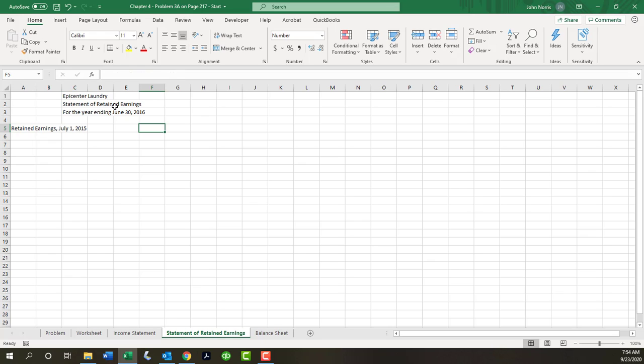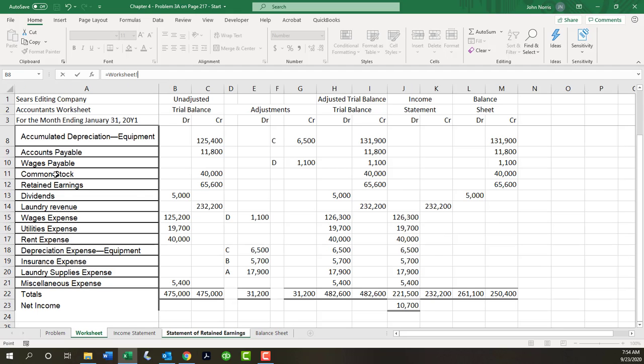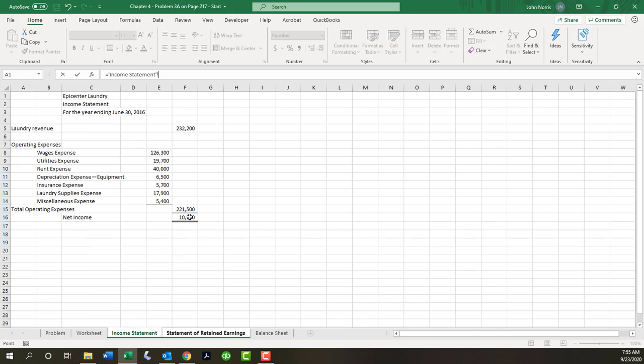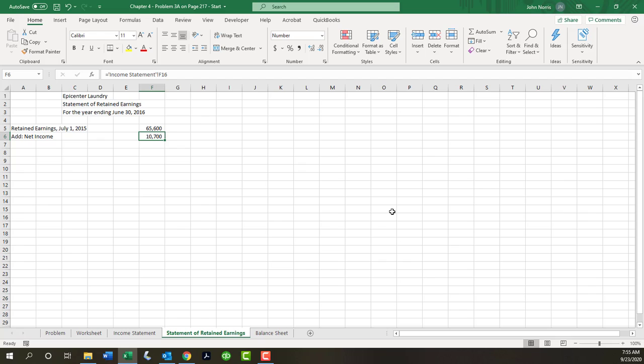Retained earnings on July the 1st, the first day of this fiscal year, is going to be, retained earnings is right here, $65,600. To that, we're going to add net income, which we just calculated at $10,700.